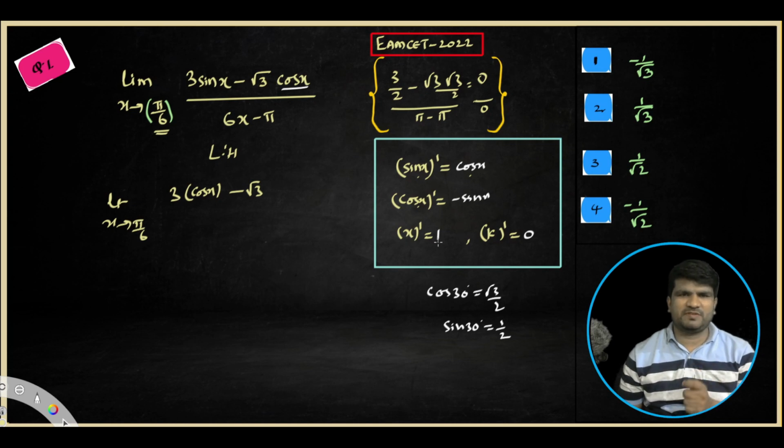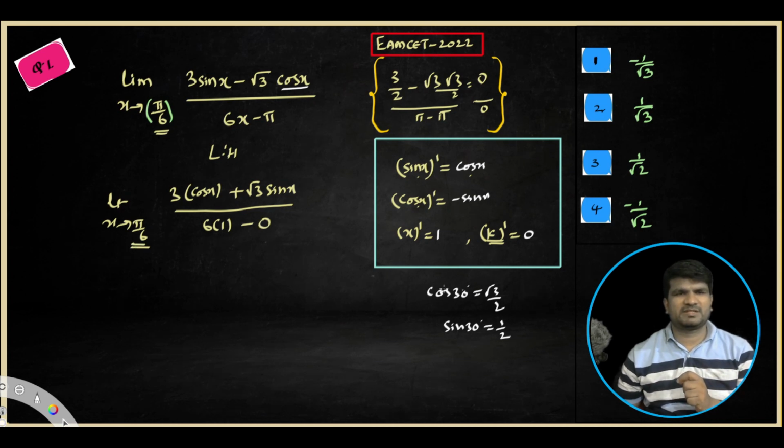Since minus is already there, it becomes plus sin x. The whole is divided by 6, since the differentiation of x is 1 and the differentiation of pi, a constant, is 0. Now applying the limit, in the place of x we write pi by 6, so 3 times cos pi by 6 plus root 3 times sine pi by 6, whole divided by 6.